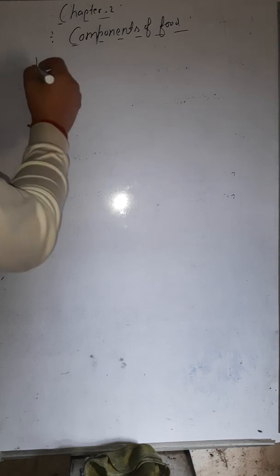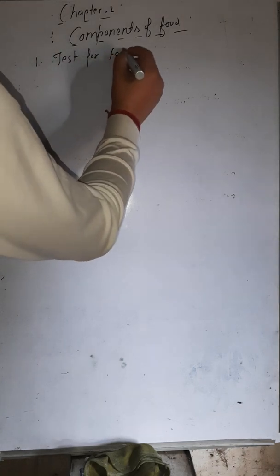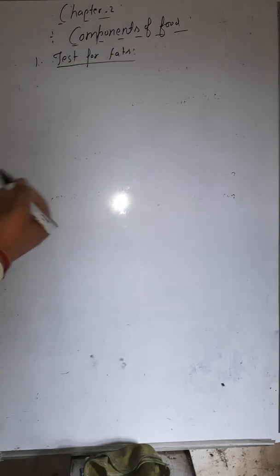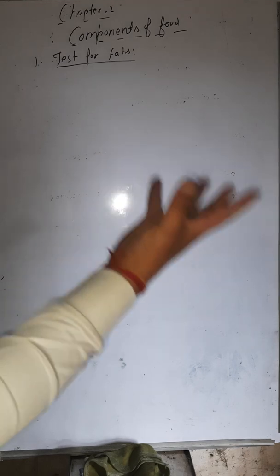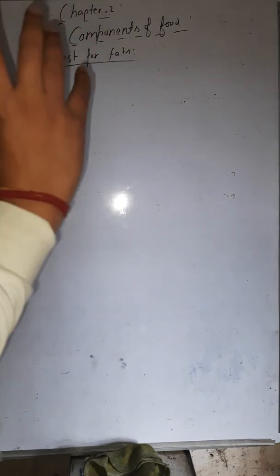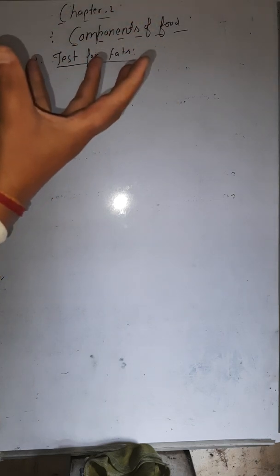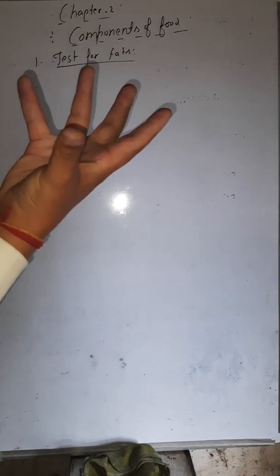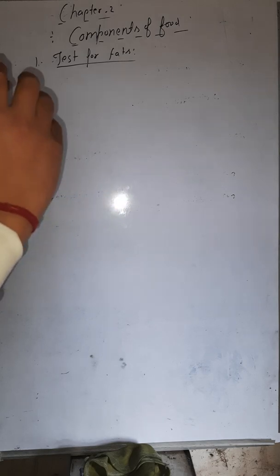The first one will be test for fats. How will you know that yes, there is some fat? Suppose you have some samosa and you want to test for fat. You wrap this samosa with a piece of paper and then unfold it.